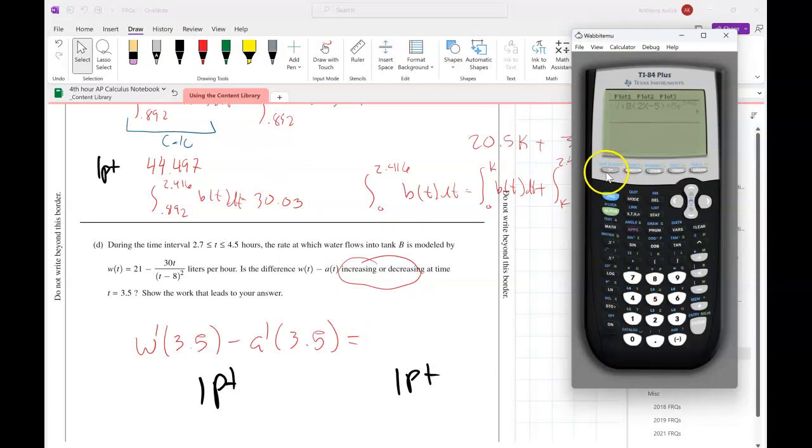So again, to do that on my calculator, I have A of t already in. So I'm just going to type in my W of t, because I am not doing any derivatives by hand on the calculator section.